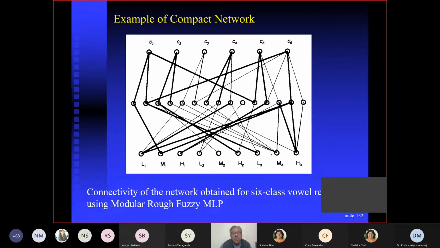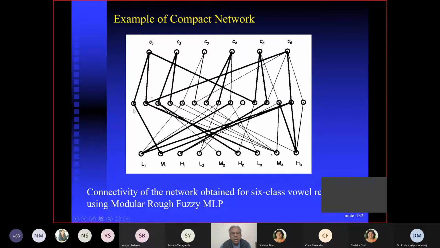This is a typical example of the compact network. You have so many inputs, 9, and output 6 classes, but you see all links have not been grown. Even if you have some links here, you see that, it is very interesting. It is called a compact network.